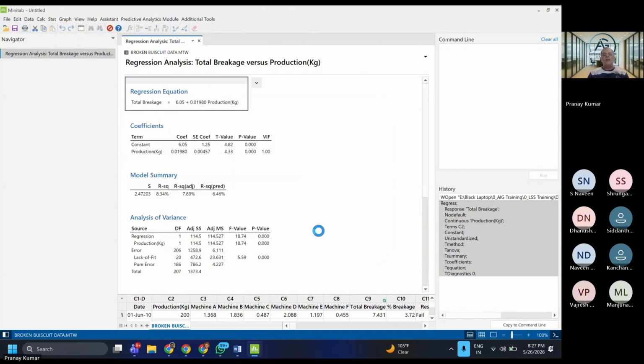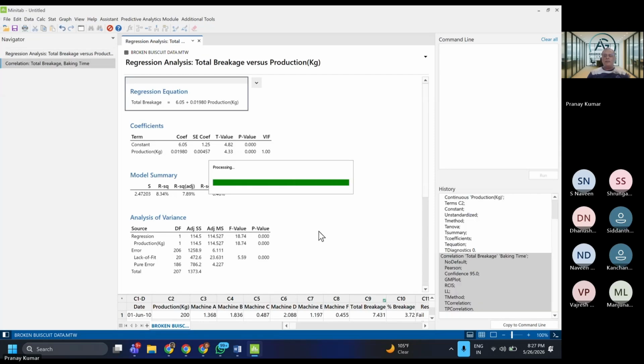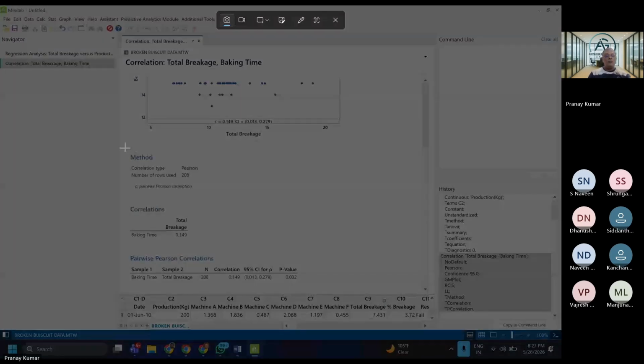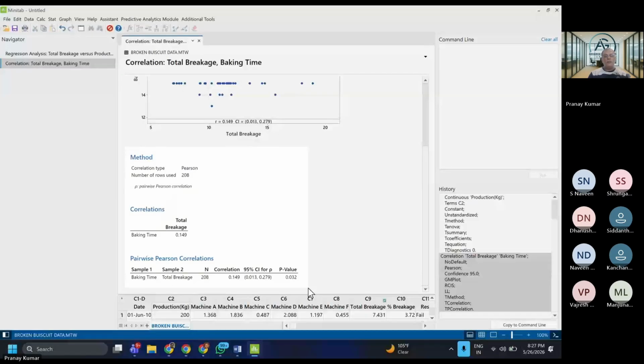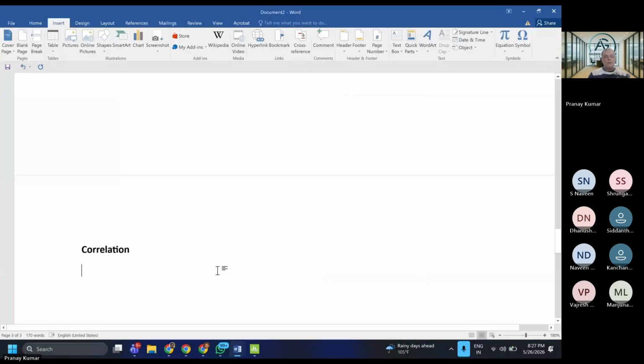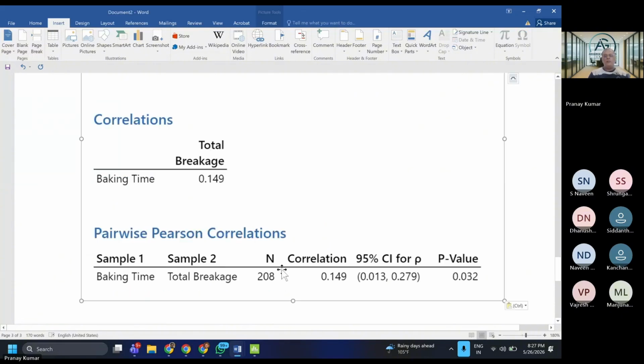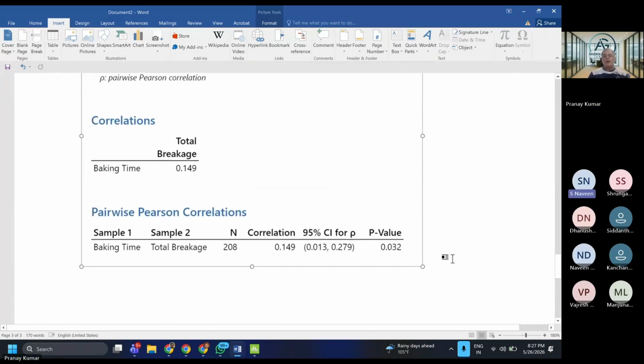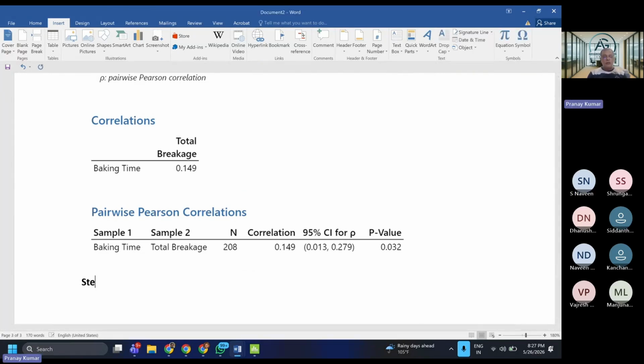Click OK. Again, same thing. Start with p-value. Step 1: look for the p-value.